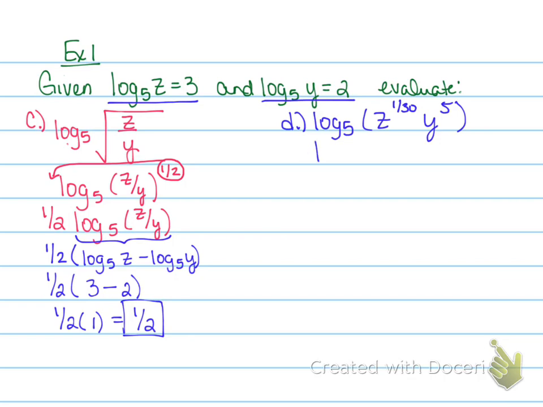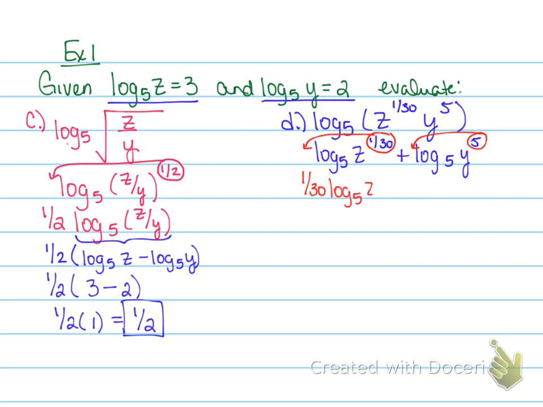When they're being multiplied, we're going to add them. So this is log base 5 of the first plus log base 5 of the second. And then both of those have exponents, so we can't do anything until we move the exponents. So we're going to move them in front of their logs. And so we got 1 over 30 times log base 5 of z plus 5 times log base 5 of y.